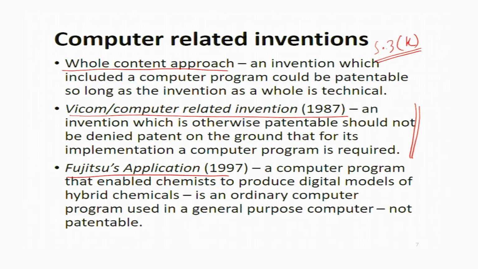It is possible to make three-dimensional models of hybrid compounds. What this computer program does is make the whole process more efficient. Now, the court says this is not patentable because it is doing something which in any case would have been done by the scientists. So, such a computer program is an ordinary computer program used in a general purpose computer, and this is not patentable. So, we are moving ahead of the whole content approach.